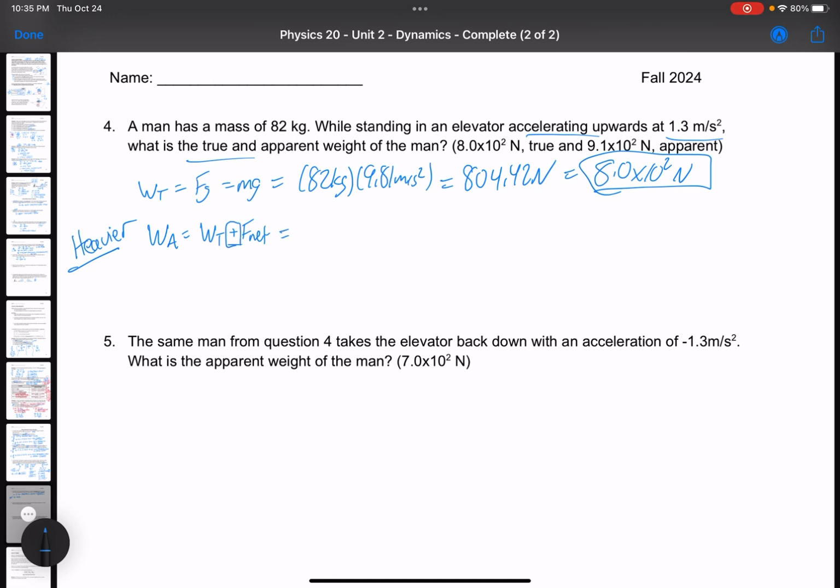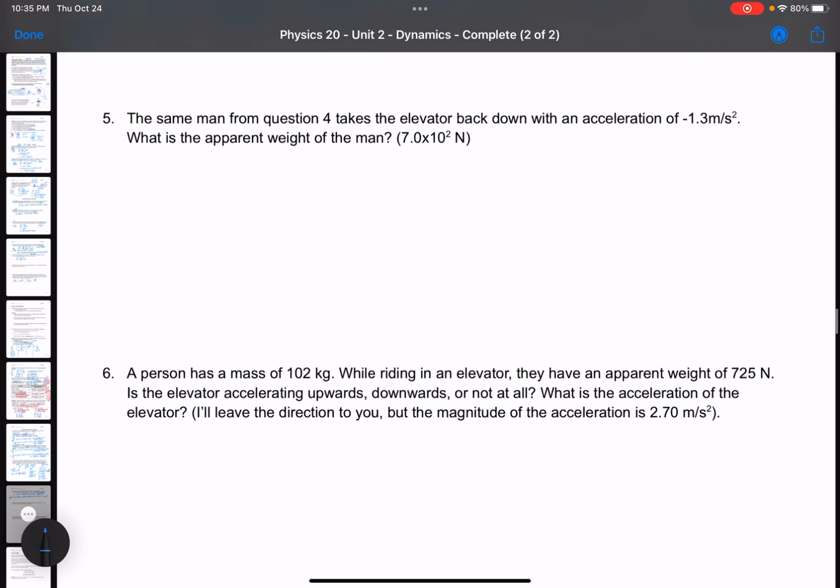My true weight, I just figured out, was 804.42 newtons plus 82 kilograms times 1.3 meters per second squared, and I get 911.02 newtons. So round that off to 2 significant digits, 9.1 times 10 to the power of 2 newtons.